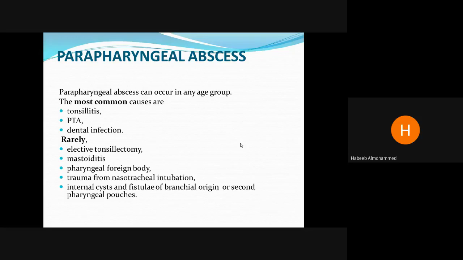It may follow mastoiditis due to extension of infection. The patient may even have a history of foreign body, trauma from nasotracheal intubation, internal cyst and fistula of branchial origin, or second pharyngeal pouches.